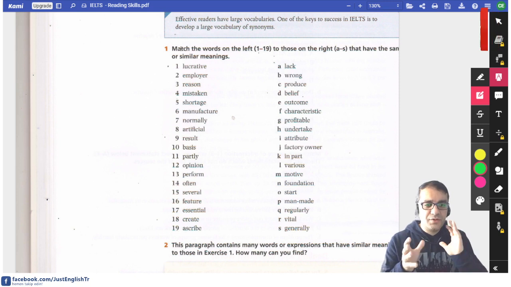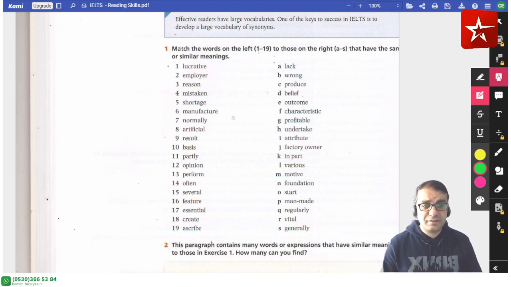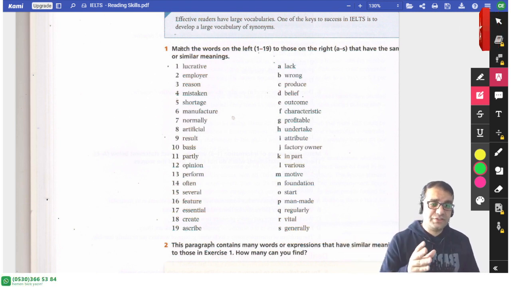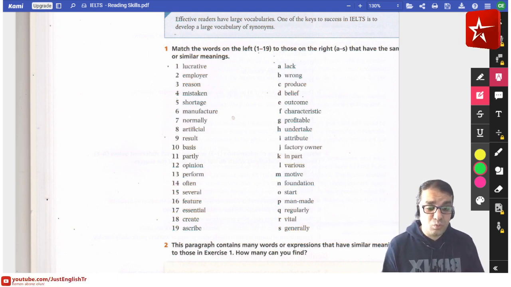I want to see how you guys are going to look at things. Let's do a matching technique, matching similar words. If we're going to match the similar words here, which one from this side goes to this side? Give me an answer.